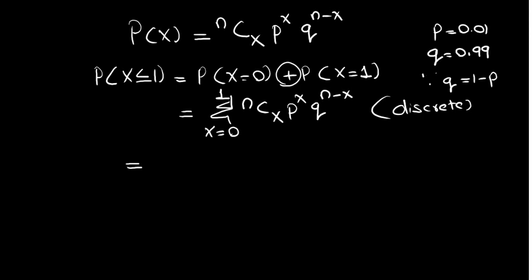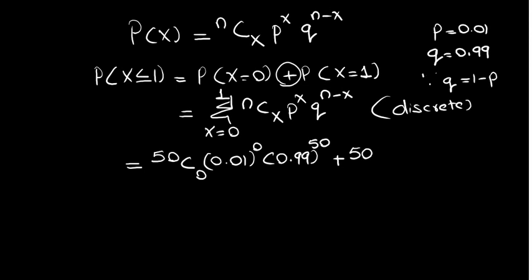Probability of x is equal to 0, that is what I am writing down. That is nothing but 50C0, p is 0.01 raised to 0, and q is 0.99 raised to 50, plus 50C1, corresponding to x is equal to 1.